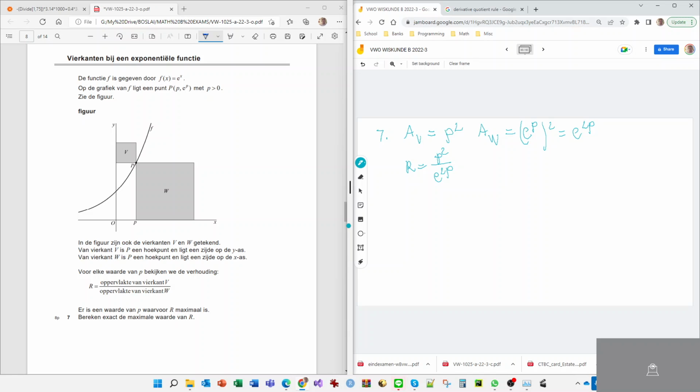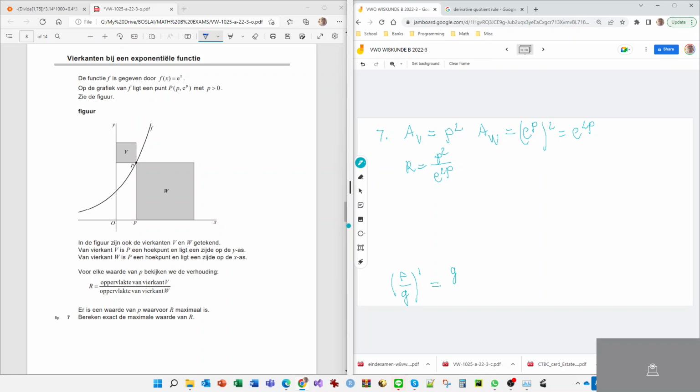So this is a quotient of two functions, so we have the quotient rule for derivatives. You definitely have to know this.